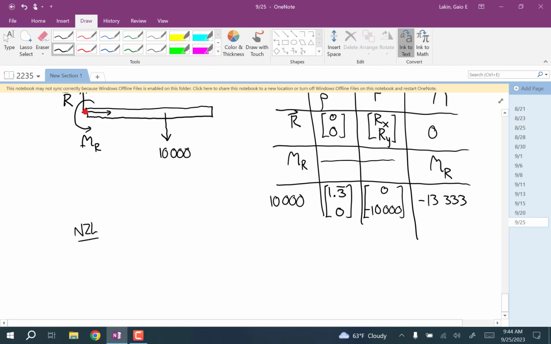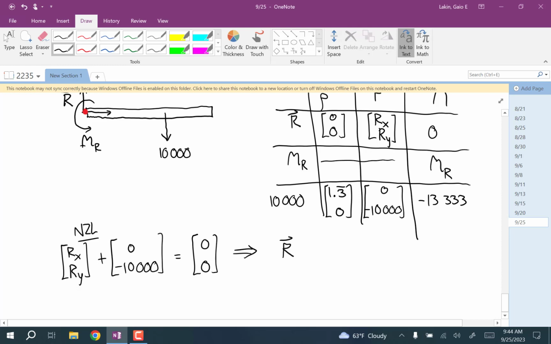So Newton's second law says Rx, Ry, plus 0, negative 10,000 is equal to zeros. And right away, this tells us that this force vector is equal to 0, positive 10,000.